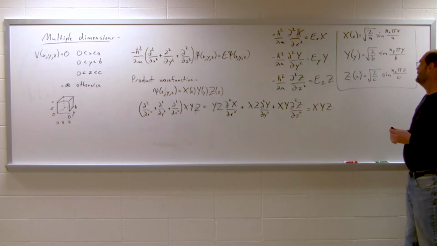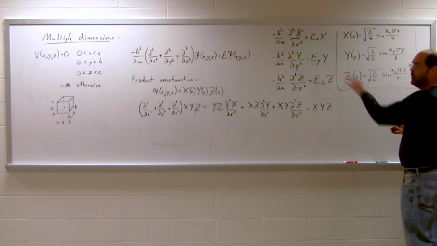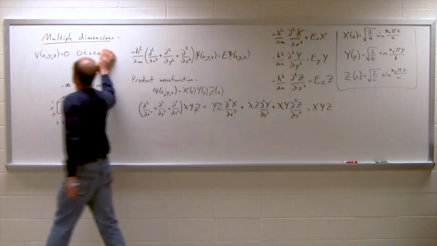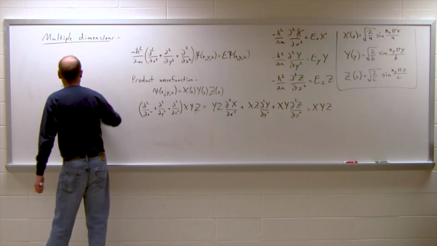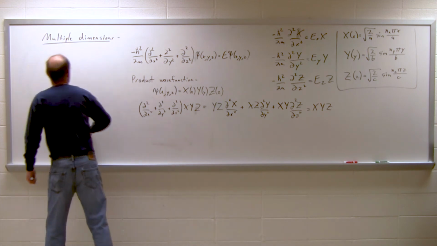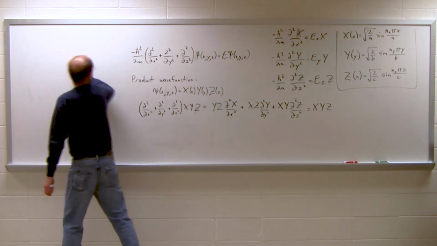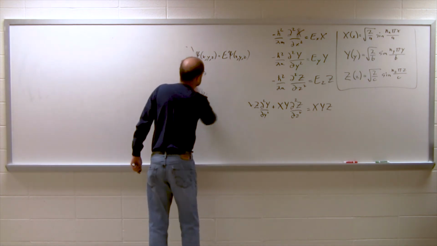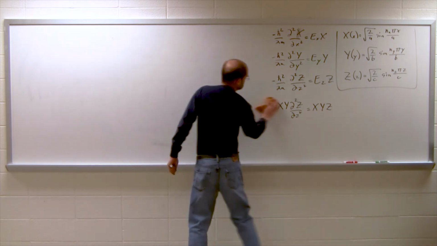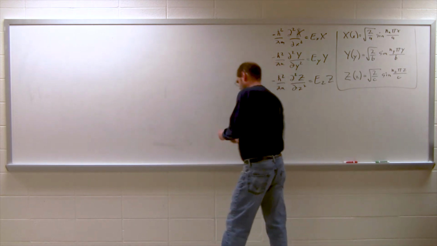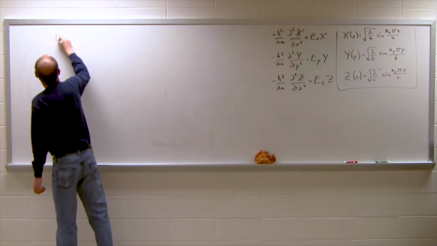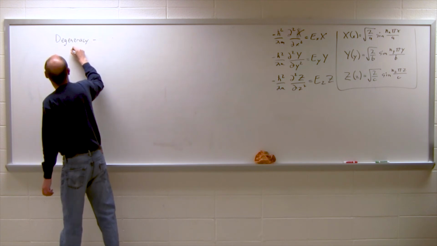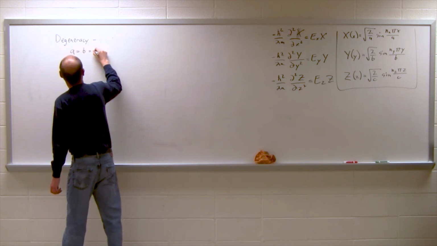Now, I'm left with one last piece which I want to get to. I'm going to go back to the other side of the board and erase. I want to talk about the concept of degeneracy. Imagine that a is equal to b is equal to c.